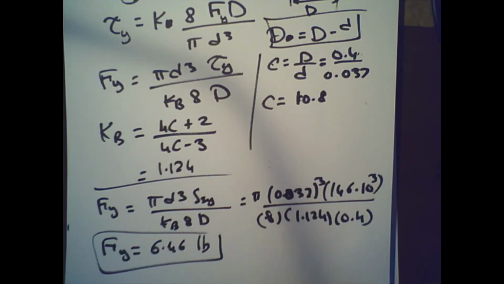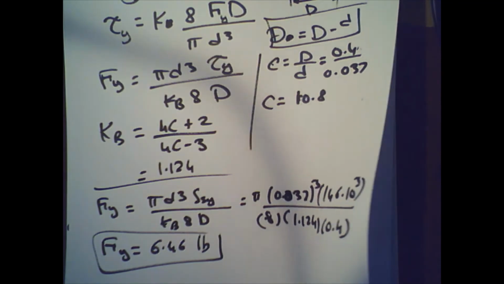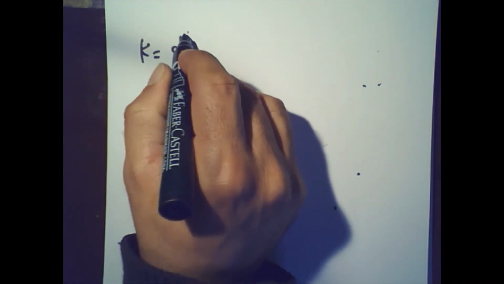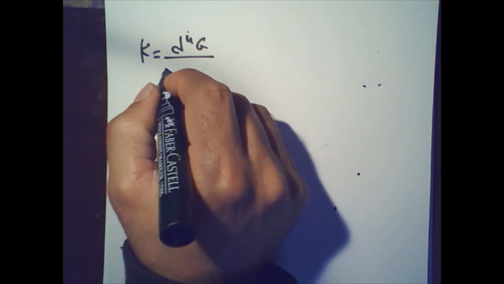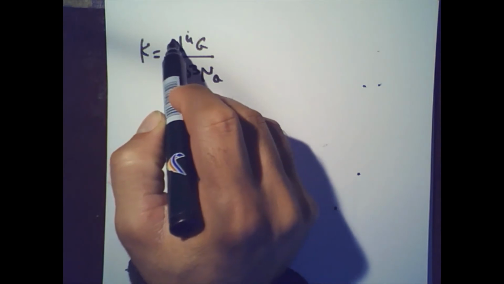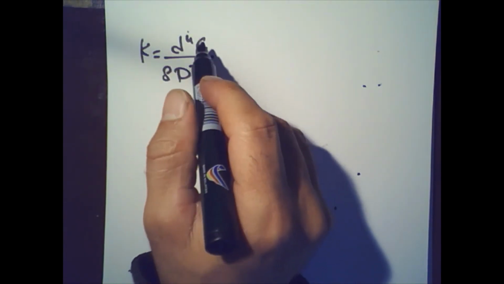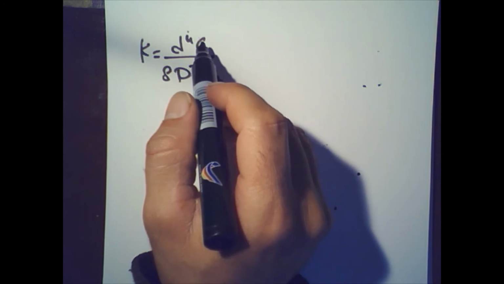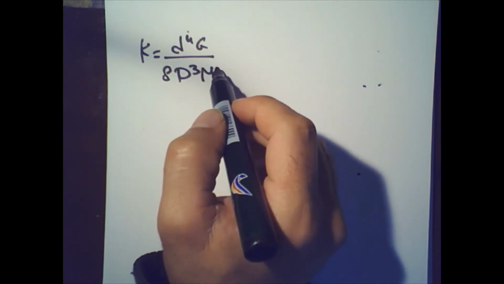Okay, so we got the two things that we need, and these are really the common stuff that people typically use when they are working with springs. This is standard stuff that you are learning here. The spring rate, so we already said the spring rate was equal to how much? This is the equation for the spring rate: d^4 G divided by 8 D^3 times N. So we know our d, and we need to know the modulus of elasticity and the number of active coils.